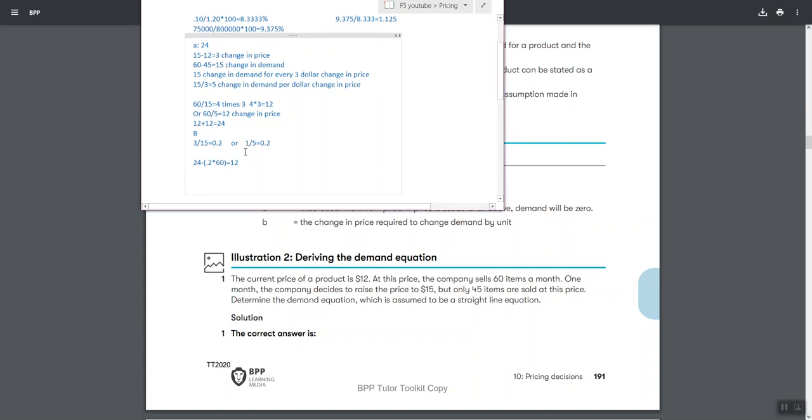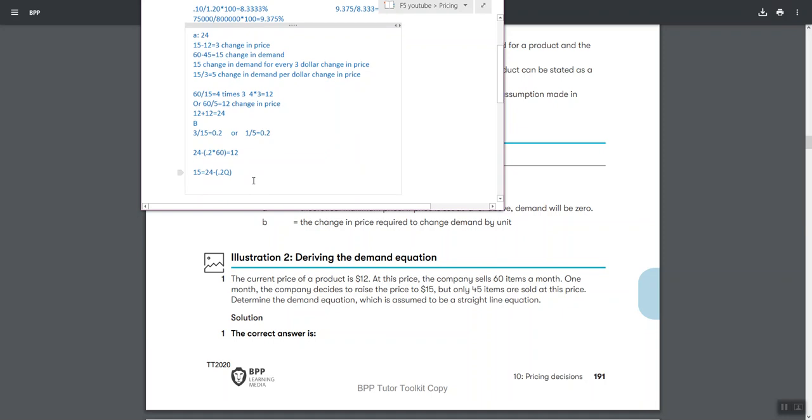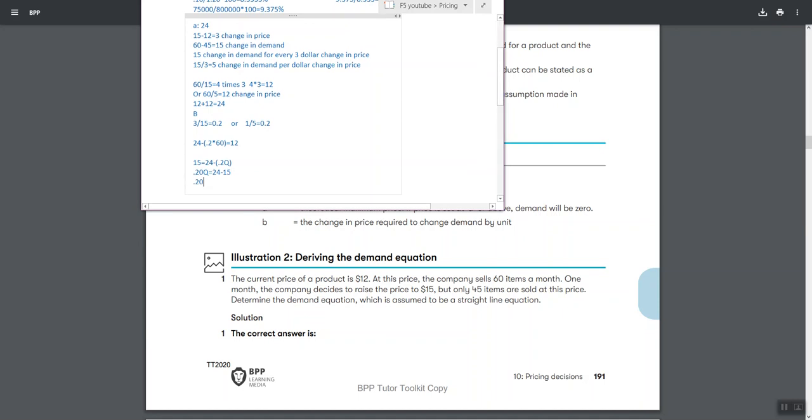For a given price, I can find demand as well. For example, for this price of 15, I can find the demand. So 15 equals 24 minus 0.20Q. If we rearrange the equation, we could say 0.20Q equals 24 minus 15, which becomes 0.20Q equals 9.